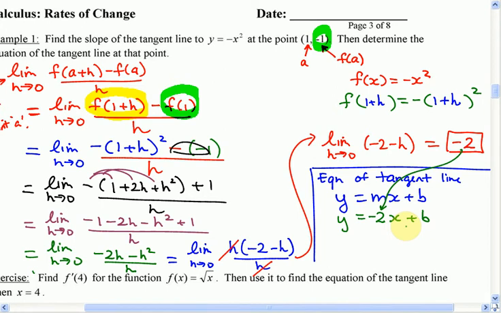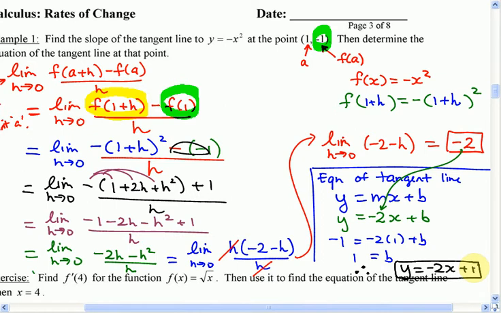How do we find b? Plug in a point. Which point, Sahil? 1, negative 1. Excellent. So take that point that was given to you, plug it in, solve for b. I believe b is equal to 1. And therefore, just like first day, you have the equation of the tangent line as y equals negative 2x plus 1. Awesome.